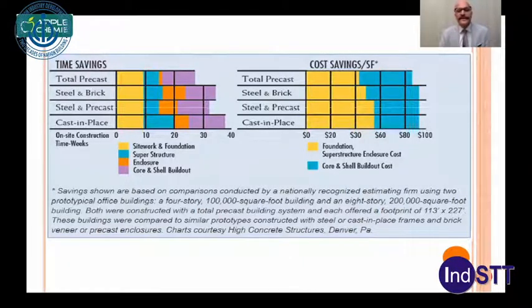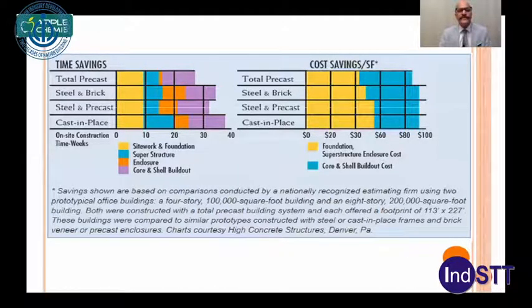Yes, this is a comparative study, sourced from some international manuals, and this is just brought in for your understanding that when you do cast in place work, comparatively you save time and money. And then if you have steel and precast composite work, then you save a little more of it.